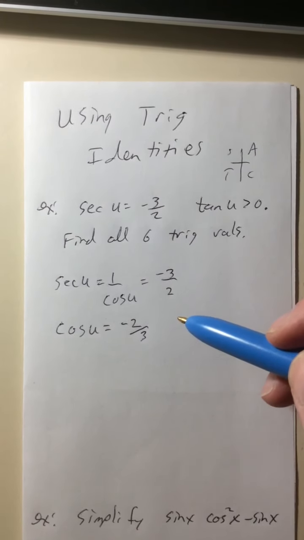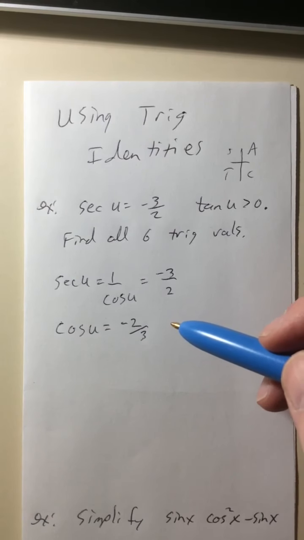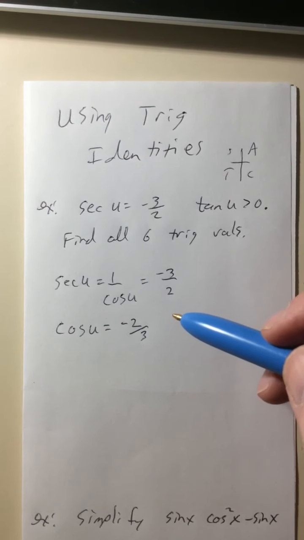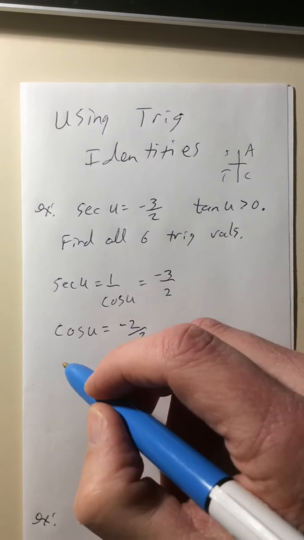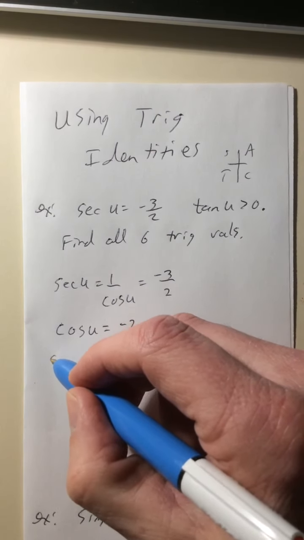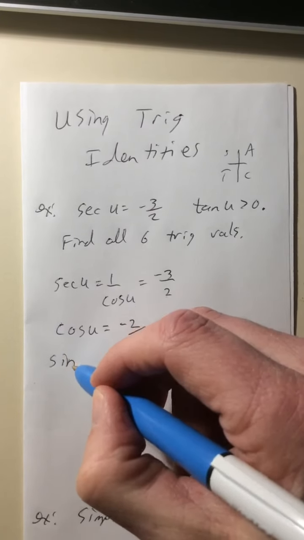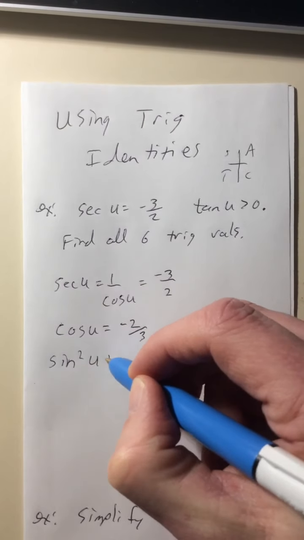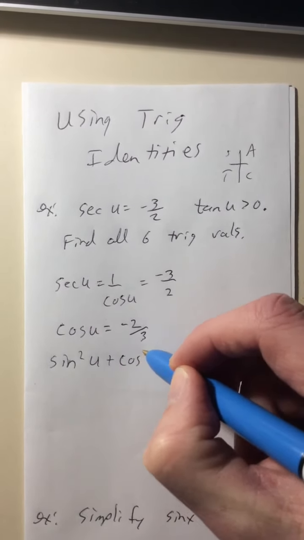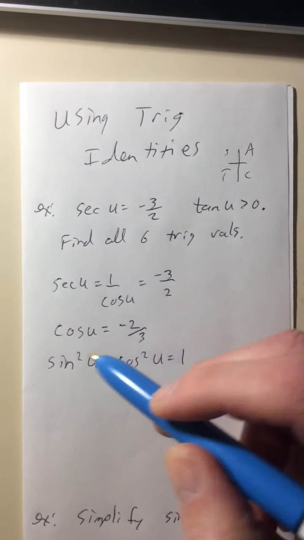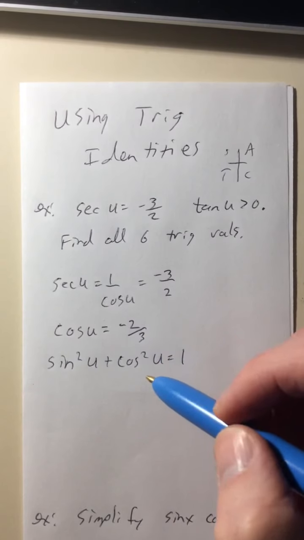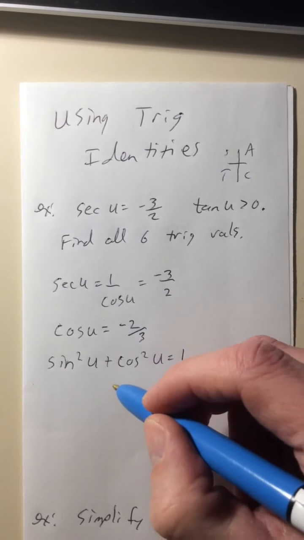And as I said, it's best to work with sines and cosines as much as possible. So we have this cool identity that you learned about, and you saw the crazy guy doing his little derivation. The sine squared of u plus the cosine squared of u equals 1. We know the cosine of u is -2/3, so we're going to square that.